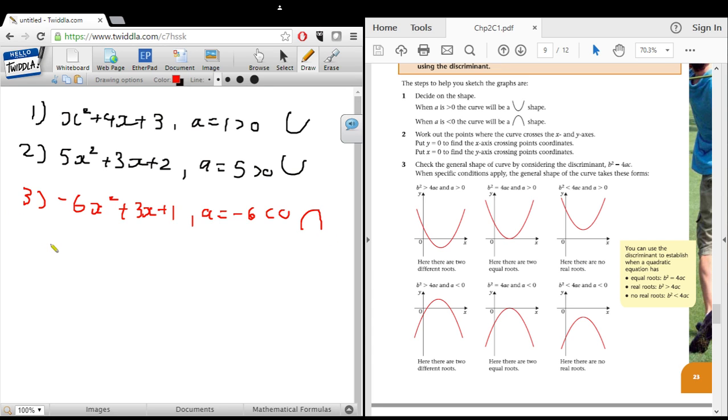Just to make mention of the fact that a can be either greater than or less than 0. You can't have a equal to 0, in case anyone's wondering why that's not there. Because if a is equal to 0, say we have 0 as the coefficient of x squared, plus 4x minus 9 equals 0, then this would cancel out and we're left with a linear equation.